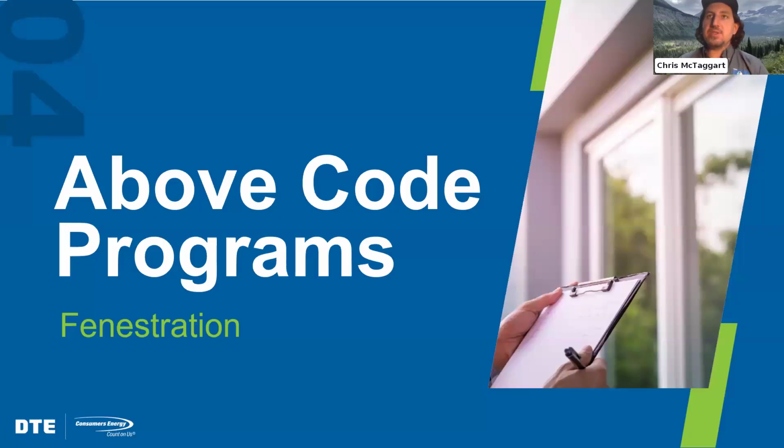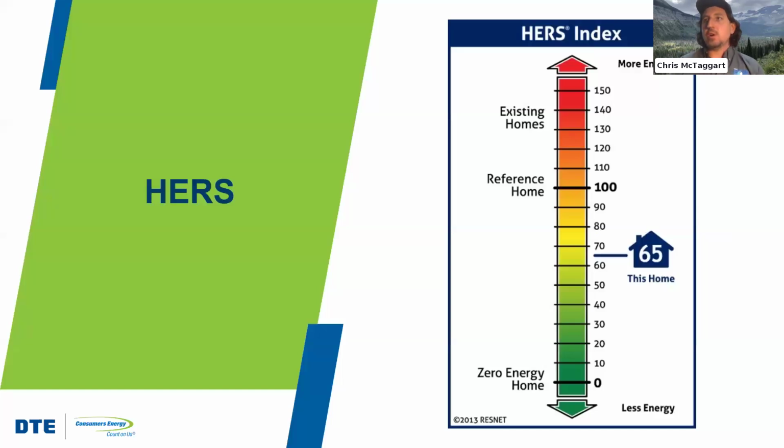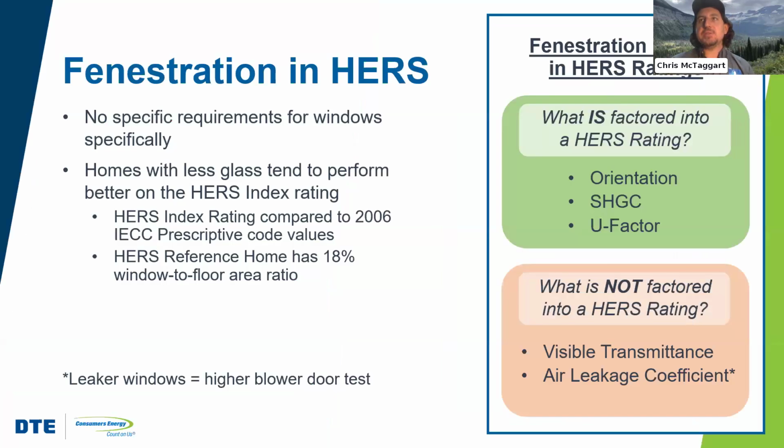Above code programs. So jumping into a HERS index score, and we've talked a lot about HERS index scores in previous presentations. There's no specific requirement. And that's the beauty of HERS, is that it gives builders ultimate flexibility about how they approach energy efficiency of the home. That being said, it's important to understand that the reference home has 18% window to floor area ratio.